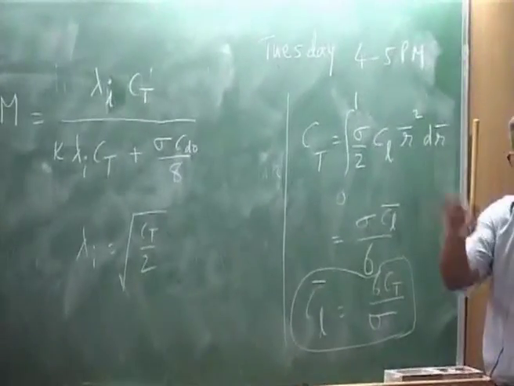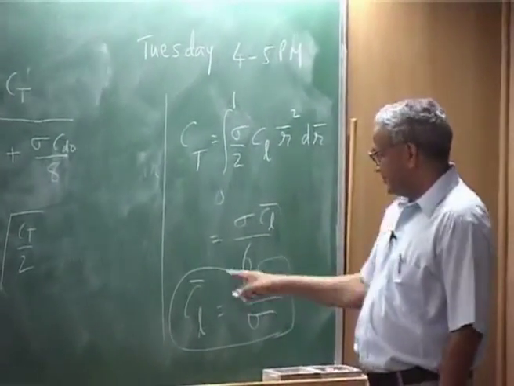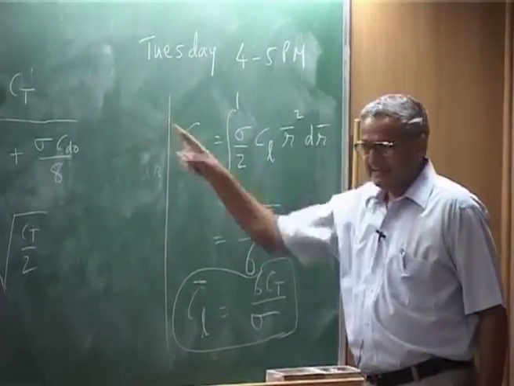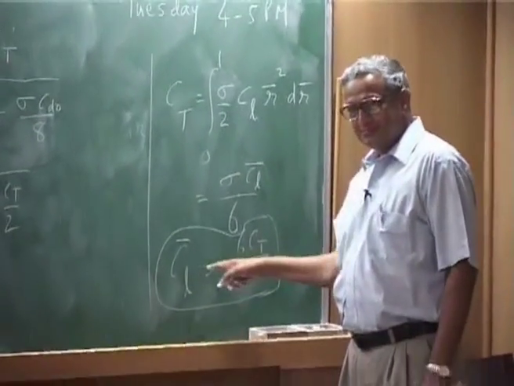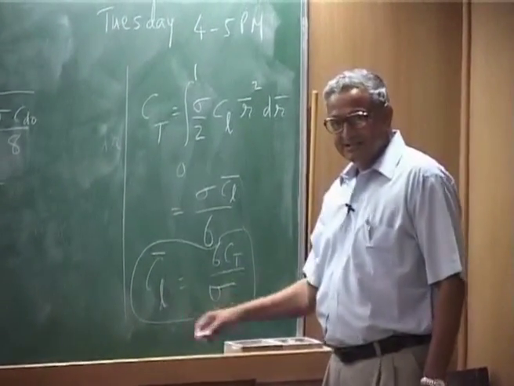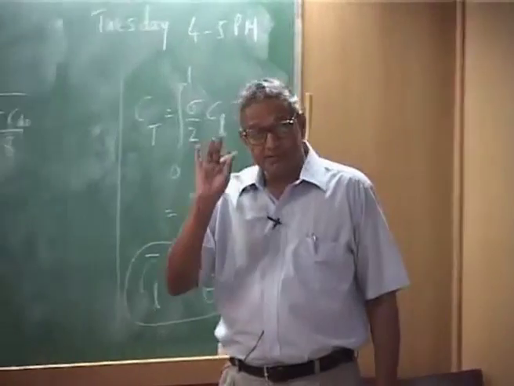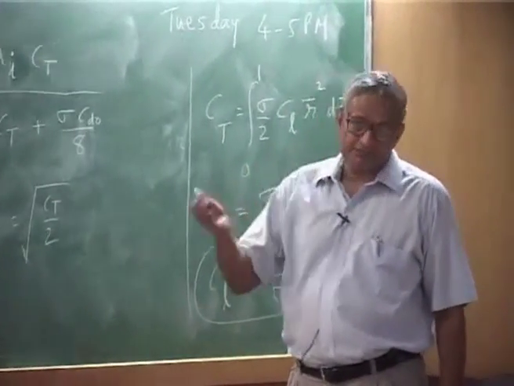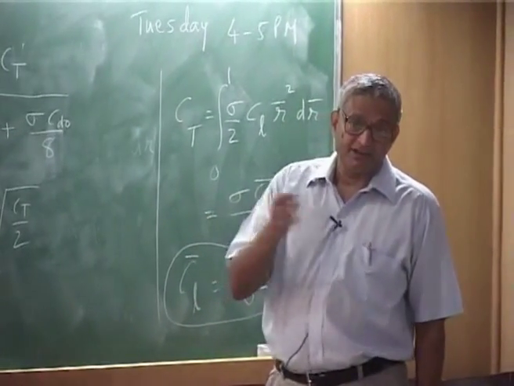Basically what we are going to replace is this CT in terms of CL bar, that is some kind of a mean lift coefficient for a section.